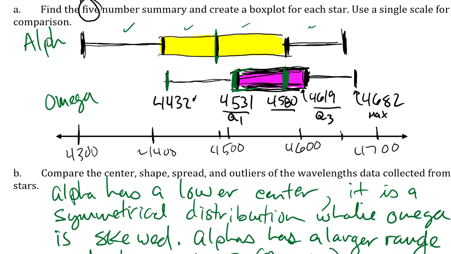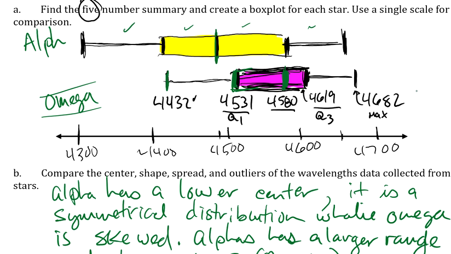So you think about that, and you think about what we talked about, variability, and maybe standard deviation. Probably the omega star readings have a smaller standard deviation because the data is more tightly compacted, while the alpha one has a bigger range.